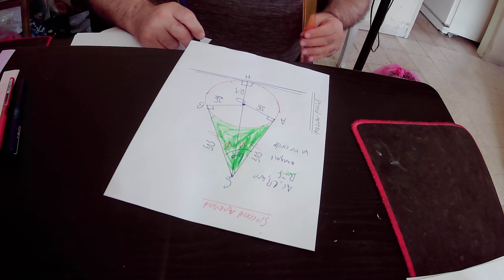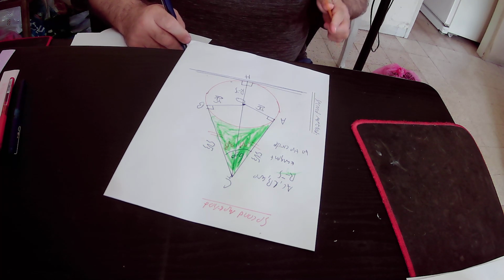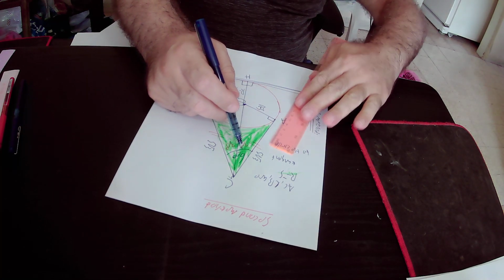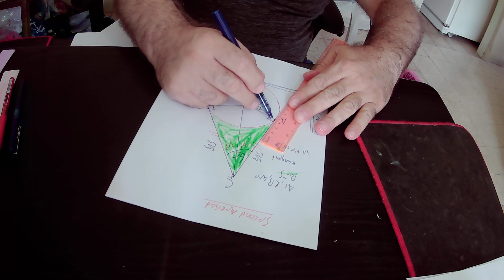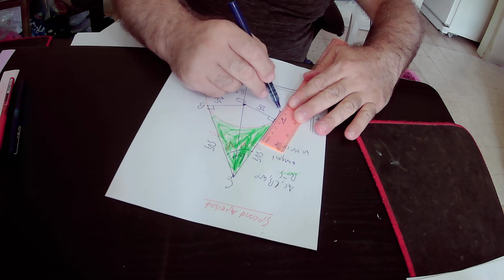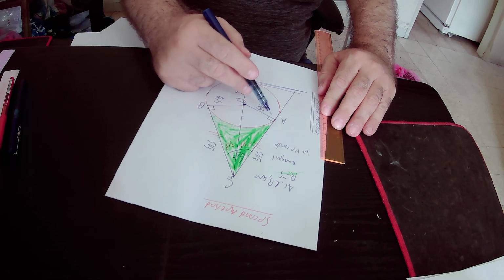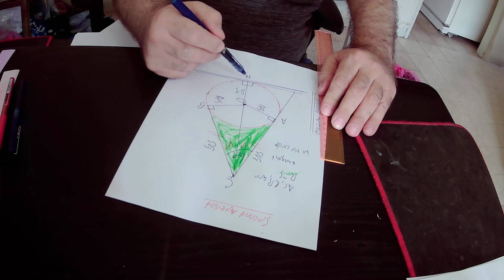So in the next step we will extend CA until it intersects with the tangent.